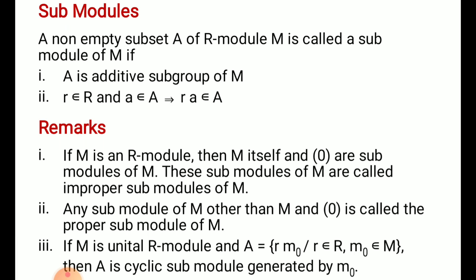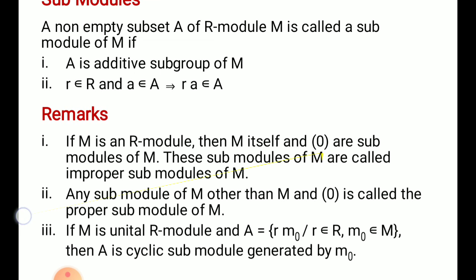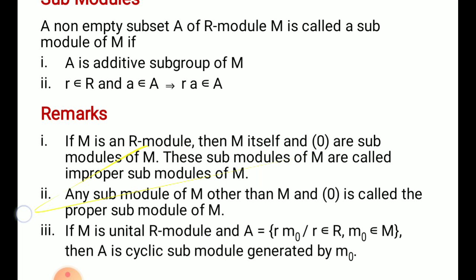And the third remark is, if M is a unital R module, and A is the set {r m0} such that r belongs to R and m0 belongs to M, then A is the cyclic submodule generated by m0. Now, the first two remarks are very important for MCQ.